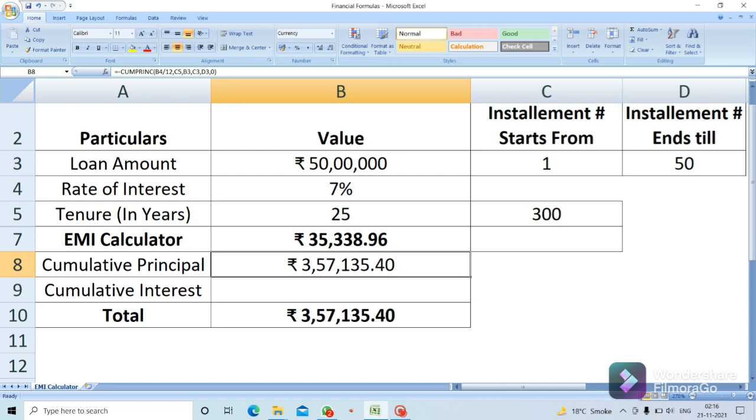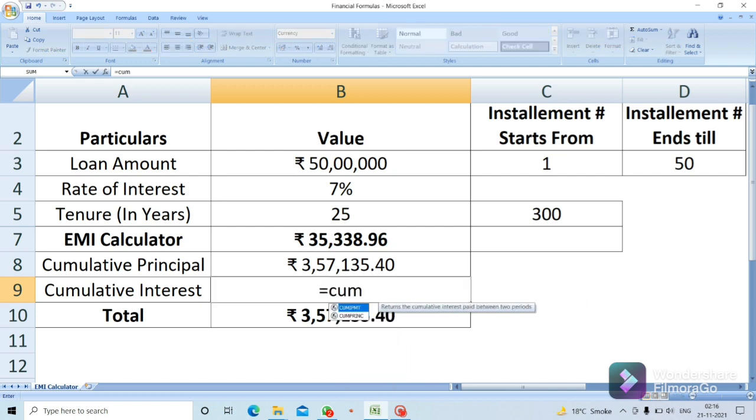Similarly, we can calculate the total interest we have paid till the 50th installment, and for that I will use another function, CUMIPMT.